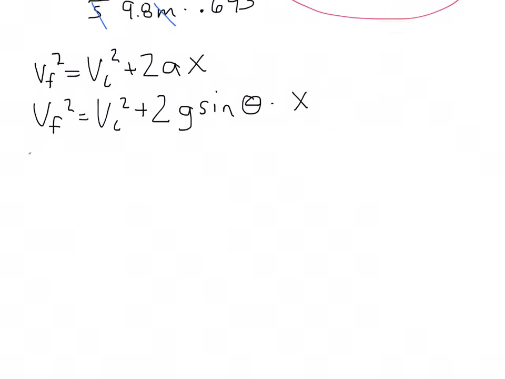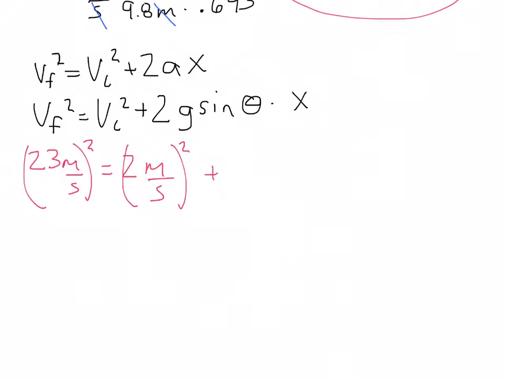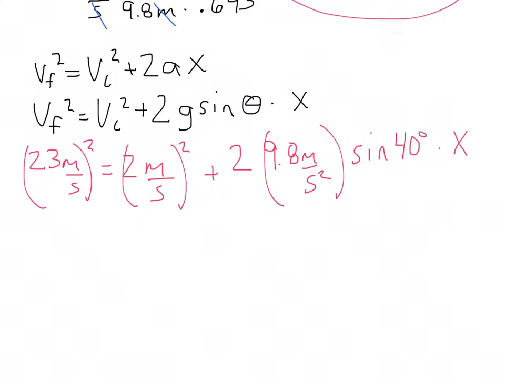Our final velocity was 23 meters per second, and we're going to square that. That's equal to 2 meters per second, and we're going to square that, plus 2 times 9.8 meters per second squared times the sine of 40 degrees times x. So we're going to go through and work these out.